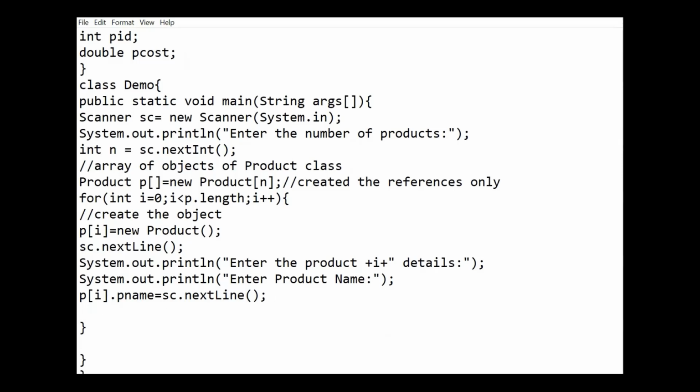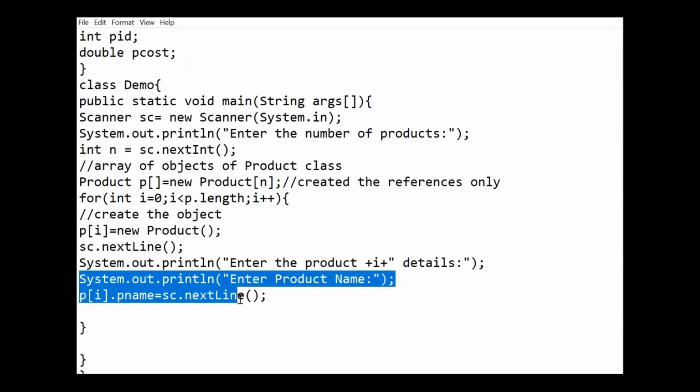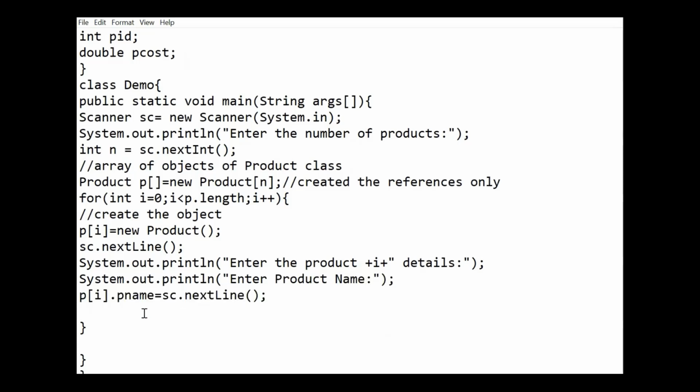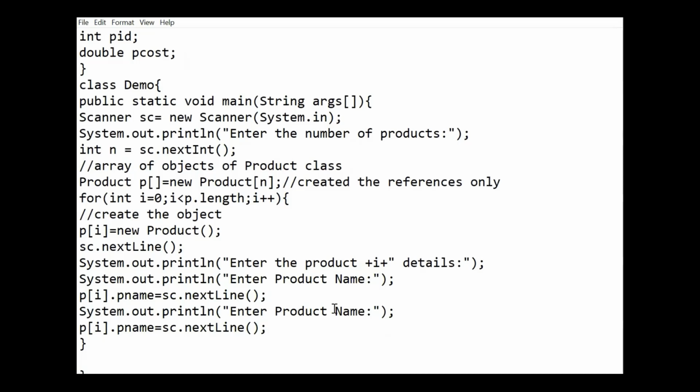And then followed by reading in the next two variables, which are the pid and then the cost. So enter the product ID. Then here it will be P of i dot pid is equal to sc.nextInt.